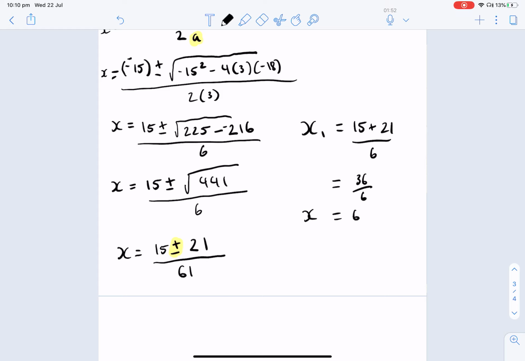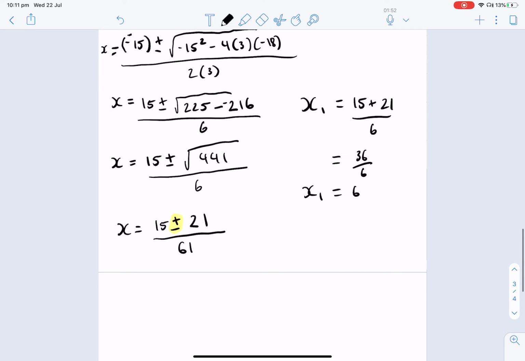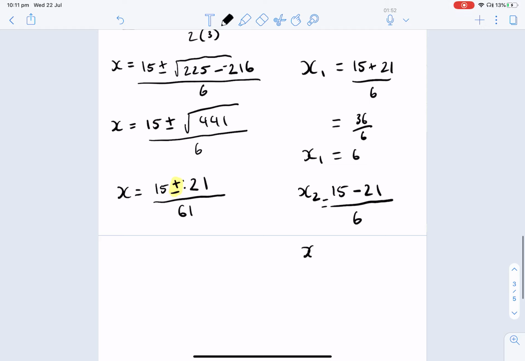So our x1 has a value of 6. Now x2 is going to be 15 minus 21, because remember we had plus and minus, divided by 6. That's going to be x2 equals negative 6 divided by 6. So x2 equals negative 1.